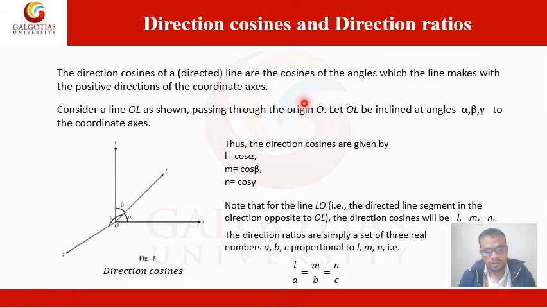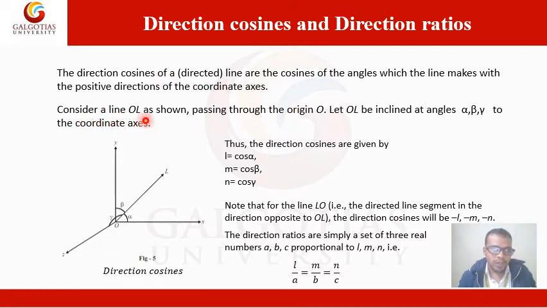What are direction cosines and direction ratios, which are very helpful to understand the plane and the line, that means a line on a plane? Suppose we consider the direction cosines of a line, that means the cosines of the angles which the line makes with the positive direction of the coordinate axes.